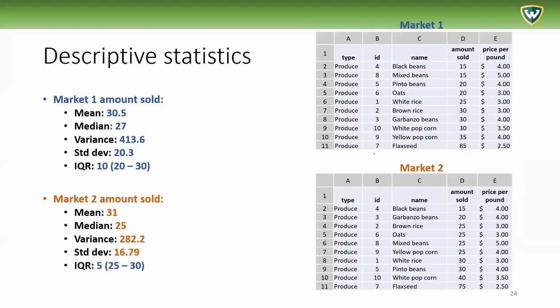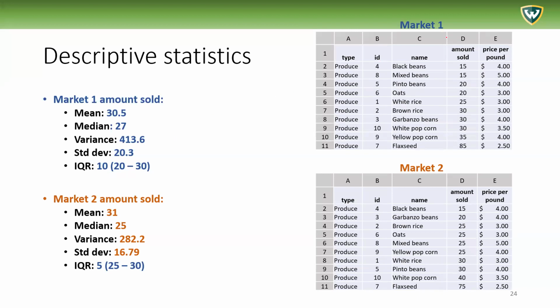And you can generate descriptive statistics, also called exploratory statistics, for these 2 markets to understand their measures of central tendencies, their typical values of the variables of interest, as well as the dispersion.